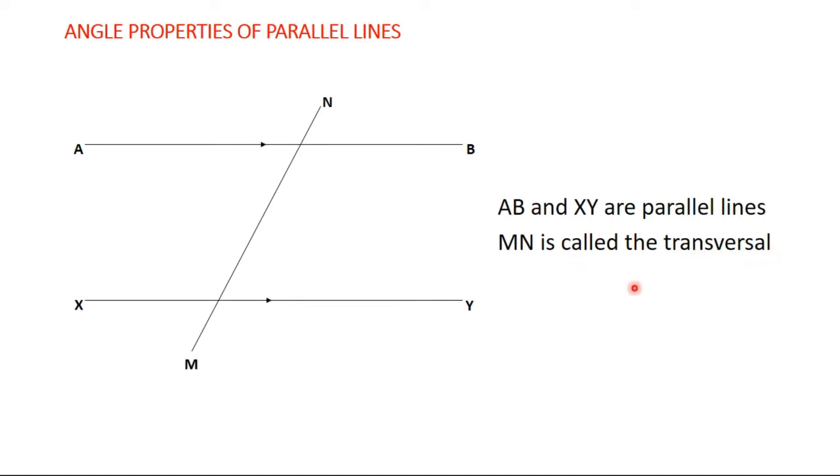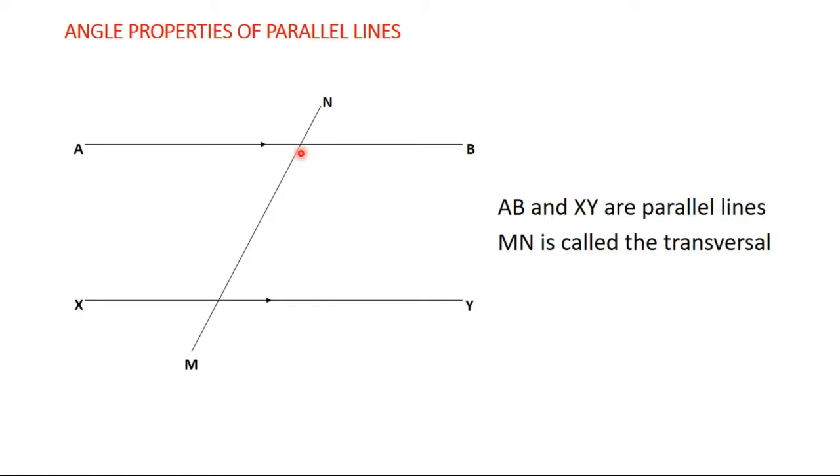So whenever you have two or more parallel lines and you have a transversal, you are going to form some different types of angles, and we are going to consider the properties of these angles.